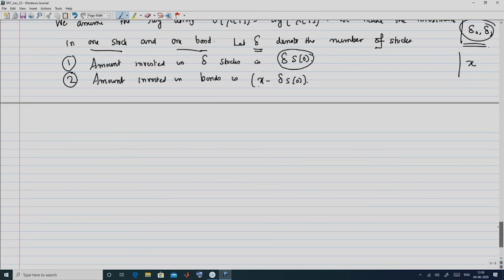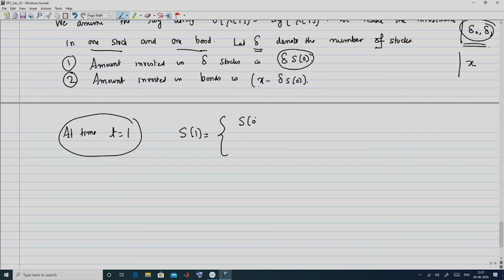Okay. So, now at time t equal to 1, what happens? According to the binomial model, S1 can take two values. Either it can take the value S naught into u with probability p, or it takes the value S naught into d with probability q.